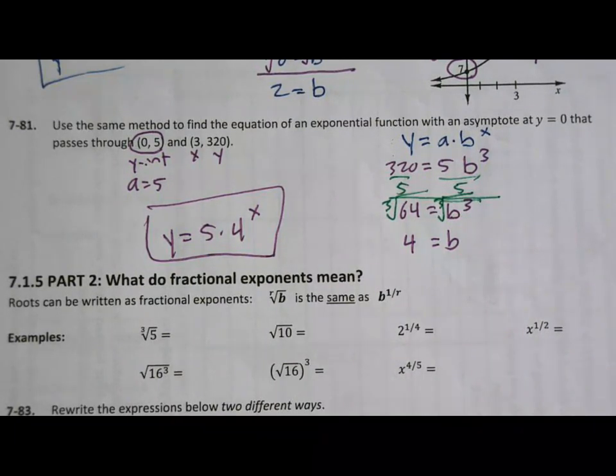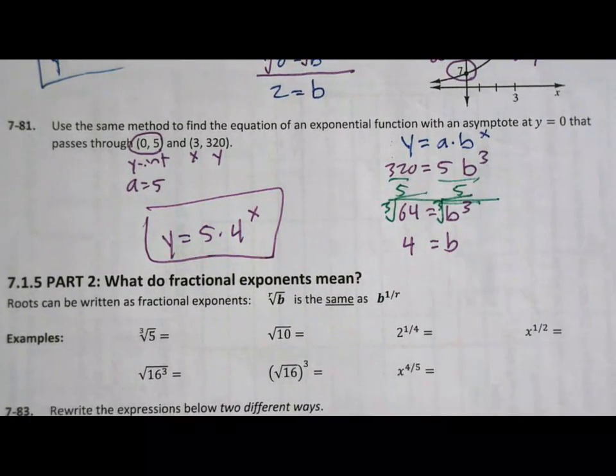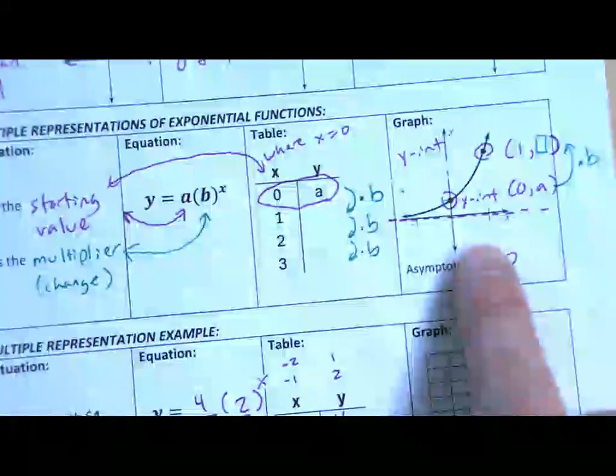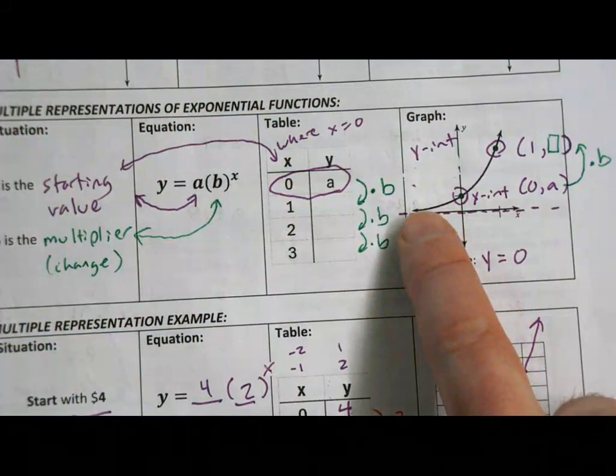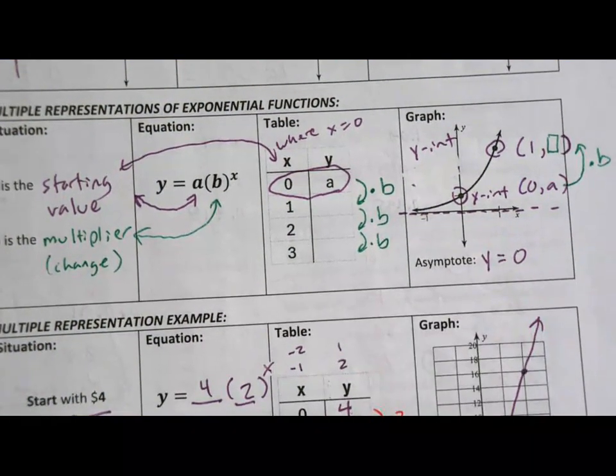What is a what now? Asymptote? So the asymptote in our packet, we haven't talked about this much, but if you flip to the very back page of the packets, the study guide piece, the asymptote is that line that the graph gets really, really close to but never quite touches.